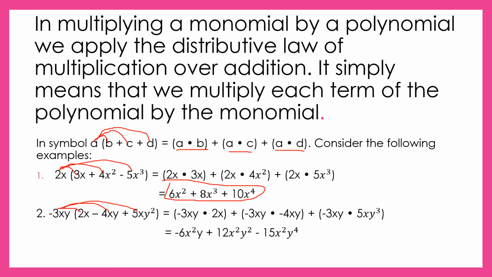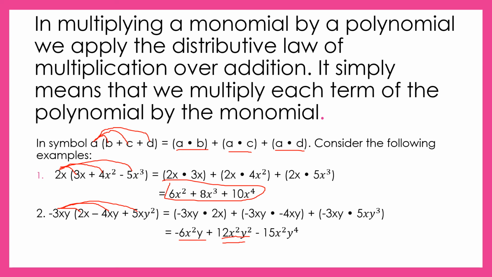So here, negative 3 times 2 is negative 6, 1 plus 1 is 2. Then plus negative 3 times negative 4 is positive 12. Positive times positive is positive, so that's why positive x squared y squared.